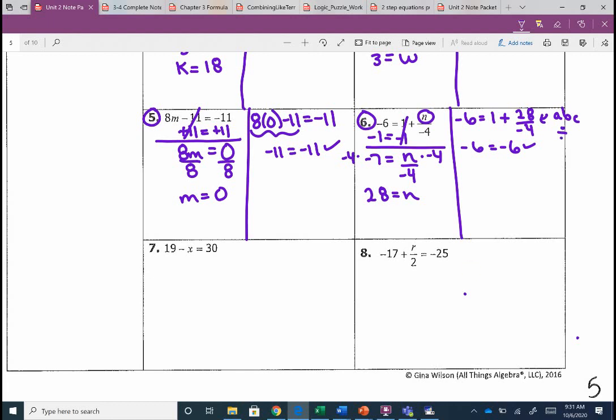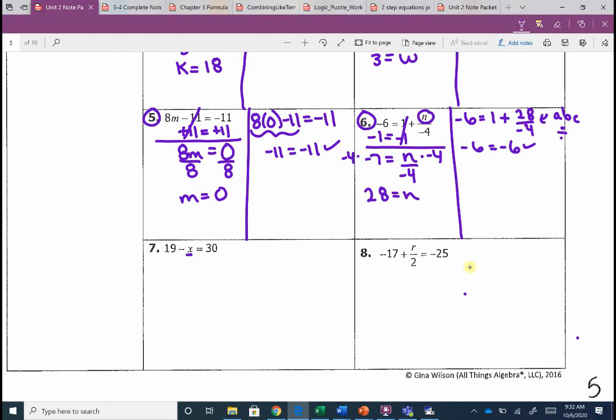Now number 19, number 7, there's a couple things that might throw us off there. We want to get x by itself. So to do that, we want to do any adding or subtracting first. To get x by itself, we need to move the 19. That's a positive 19.